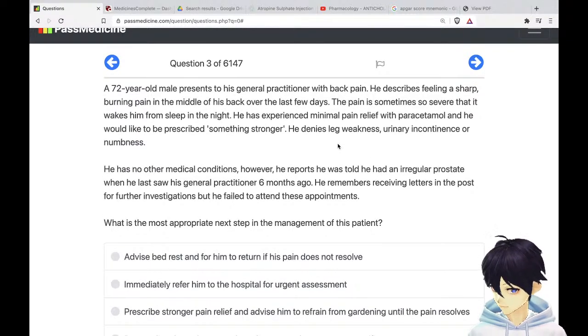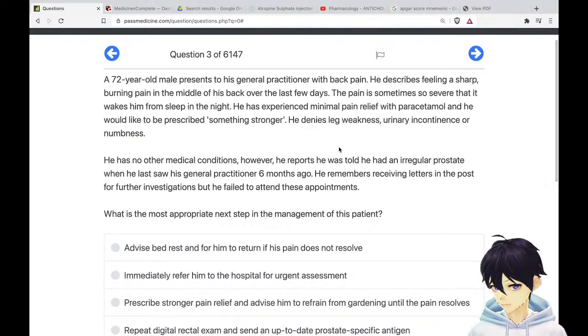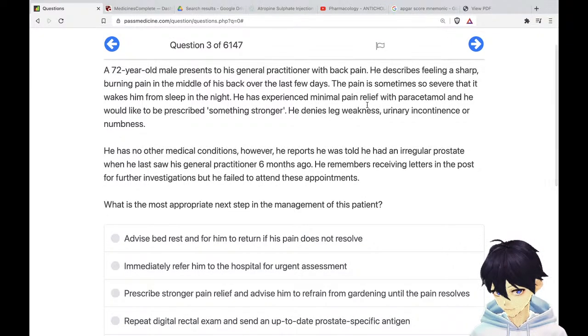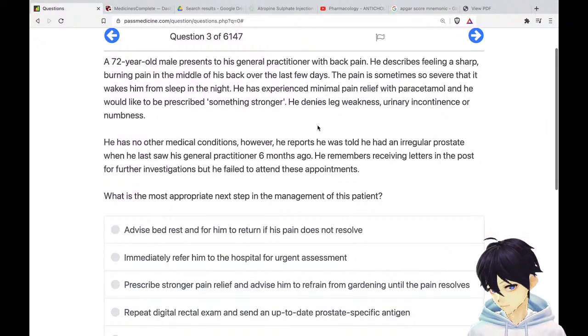A 72-year-old male presents to his general practitioner with back pain. He describes feeling a sharp burning pain in the middle of his back over the last few days. Sharp burning pain in the middle of his back. The pain is sometimes so severe that it wakes him from sleep in the night. He has experienced minimal pain relief with paracetamol, and he would like to be prescribed something stronger.